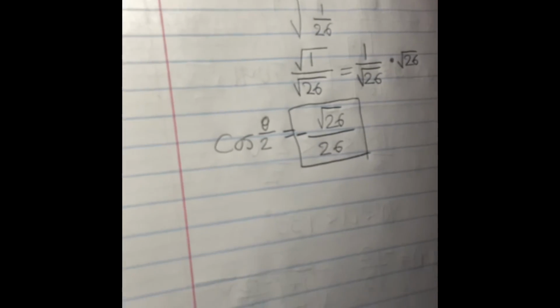So that is what cosine of theta over 2 would be, but in this case, theta is u. But we also need to add the negative, since cosine is negative in the second quadrant. So it'll be negative square root of 26 over 26. So that is your final value for part B.